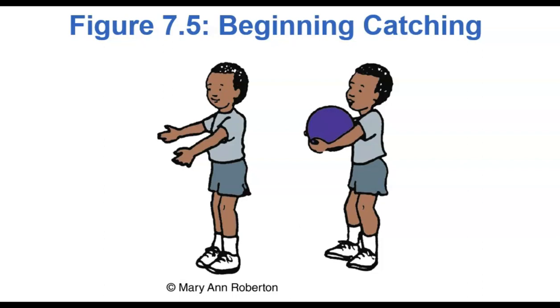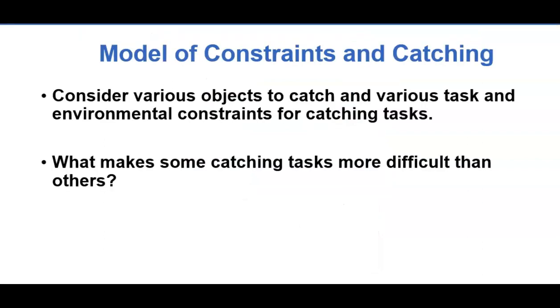Well, let's look at catching real quick. It's one of those skills where you can tell right away if the student or the client is a beginning catcher or a more advanced catcher. So think about some constraints when the task is catching.